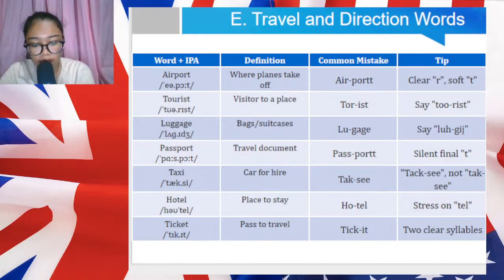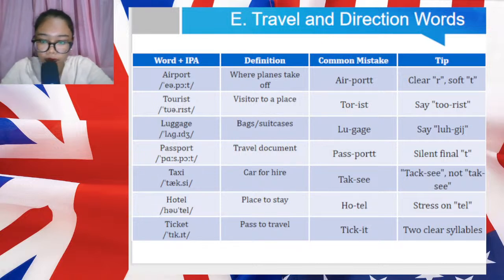Again, they commonly mistakenly say this word like that, which is not its correct pronunciation. It should be luggage, luggage, where it has two syllables only. Again, the letter G here is soft. We do not say it with a hard G, but it should be luggage.